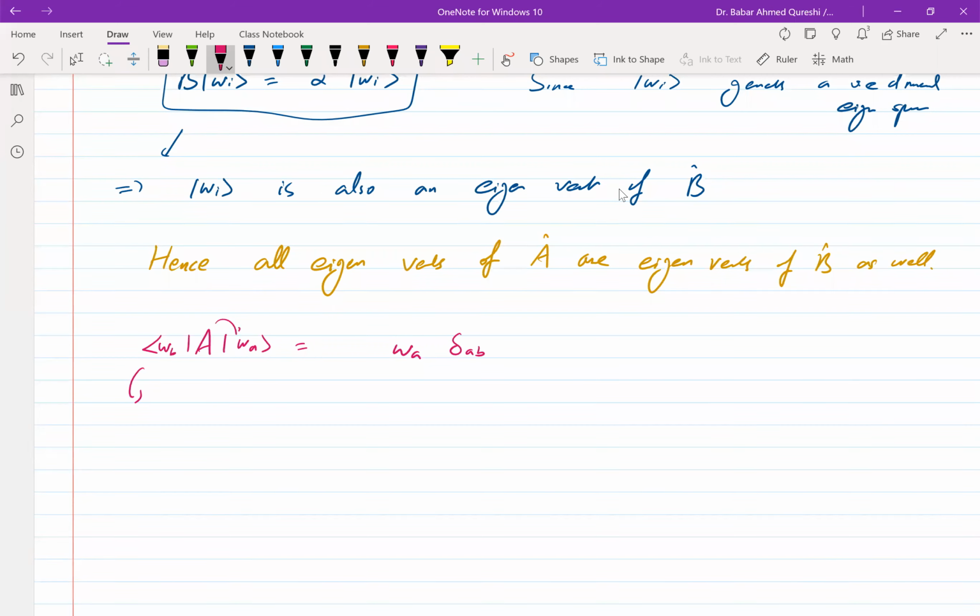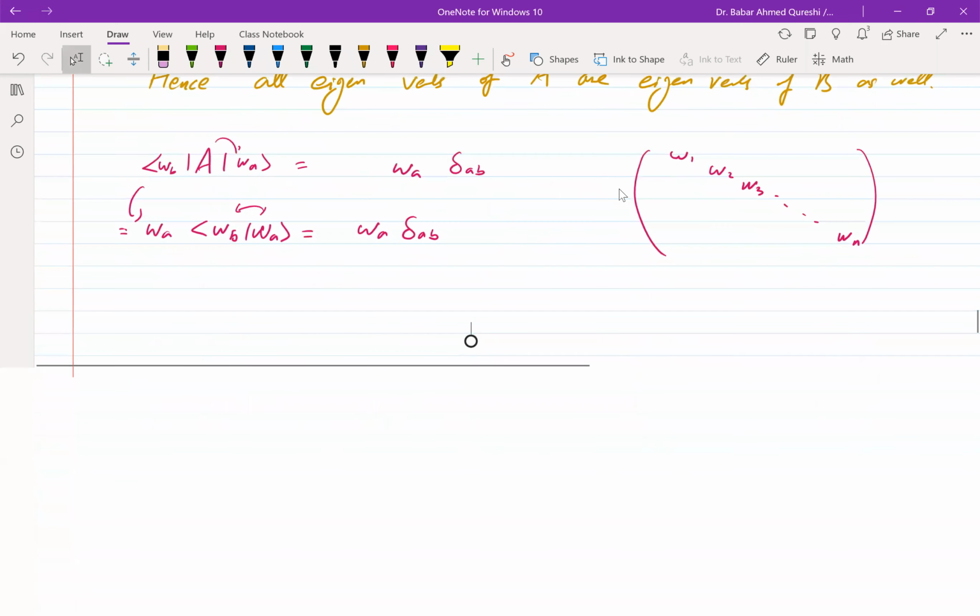When it acts over here, it pulls out WA, and these are orthogonal unless A is equal to B, if the eigenvalue is the same. So you have all the distinct eigenvalues on the diagonal. This is the previous theorem which we had.